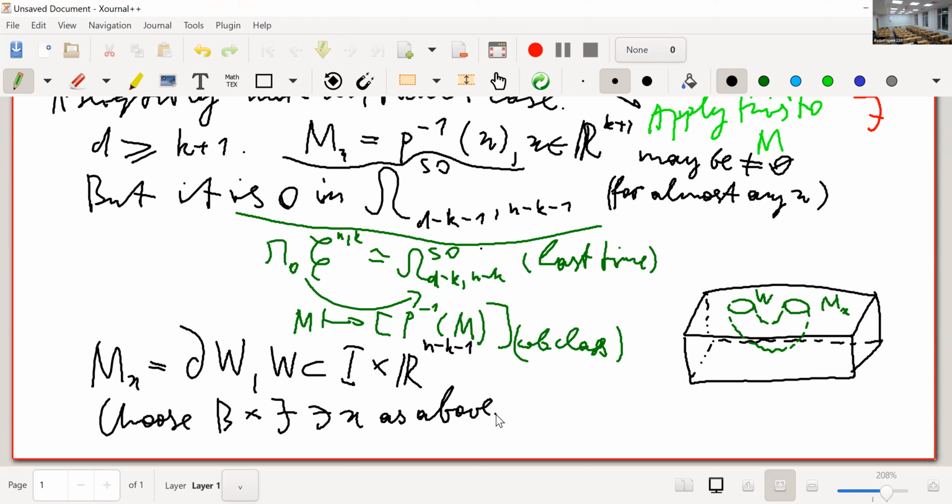So we choose a small disk which contains x, well, same as above.